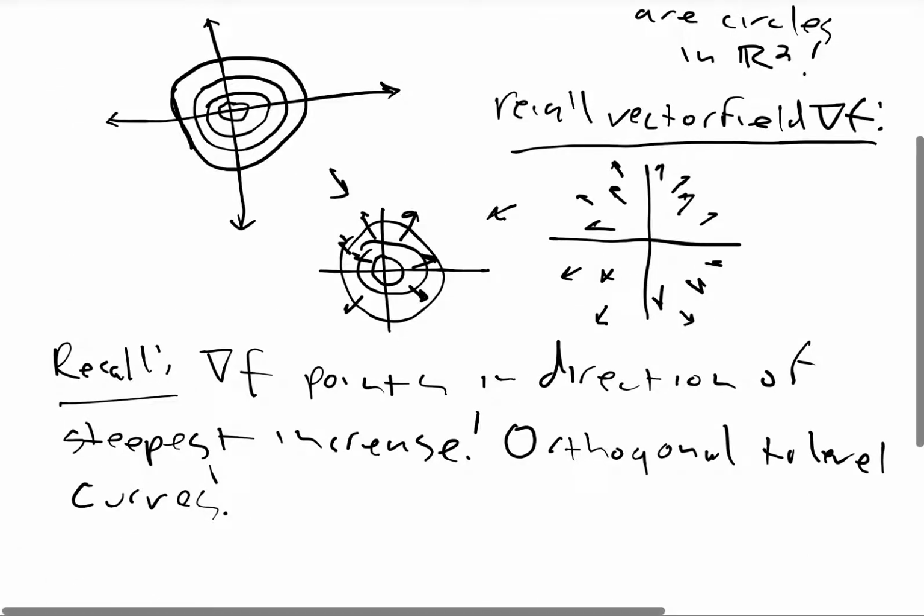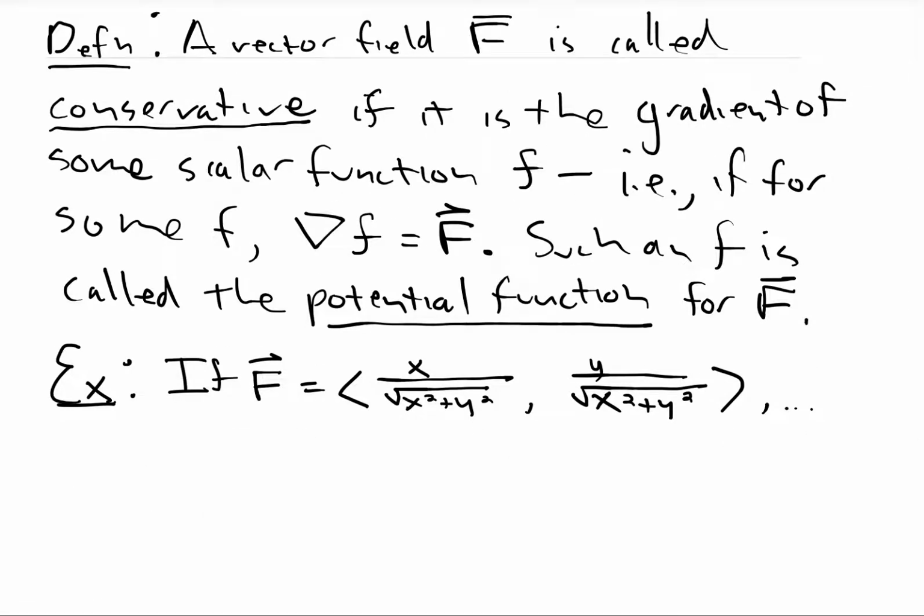So I'll go ahead and make some other comments about these gradient fields before I dip out here. A few closing comments that I wanted to make. That gradient vector field that we talked about before, we have a way to talk about vector fields that come from scalar functions because you took a gradient. Well, what if I'm just looking at a vector field and I want to know if it was a gradient? Well, we do have words for that.